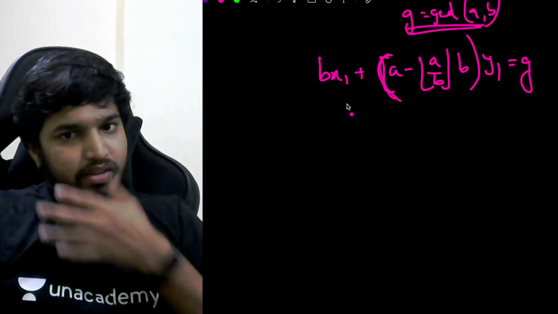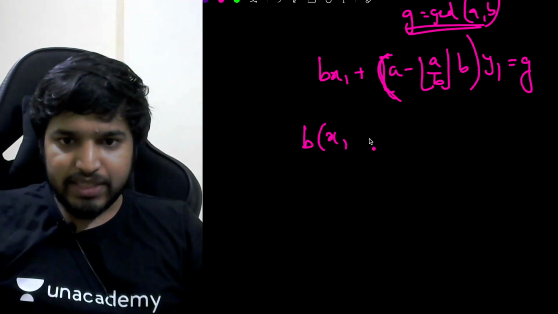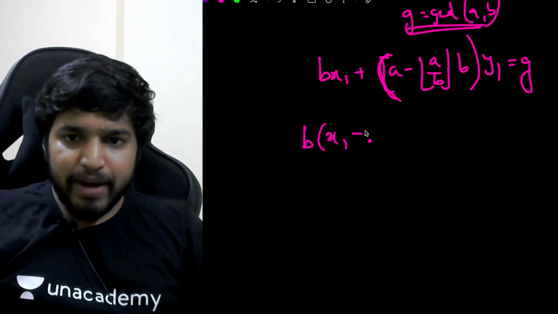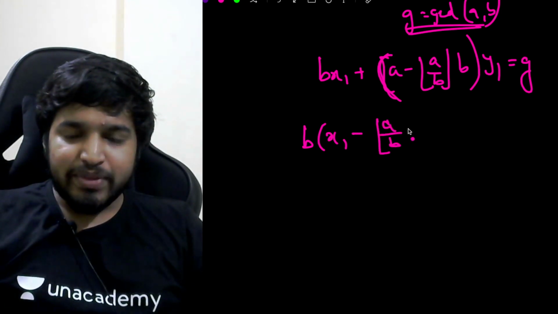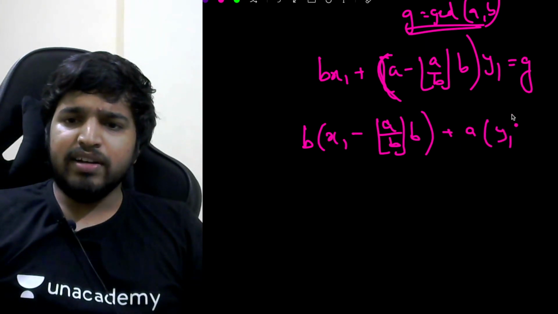Now we just rearrange the terms. B into x1 minus floor of A by B into B plus A into y1 equals G.